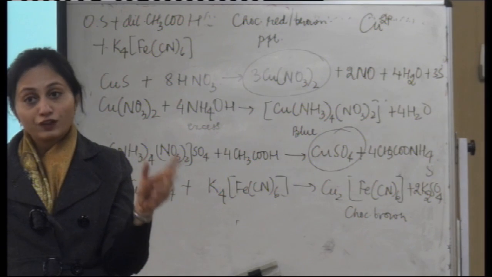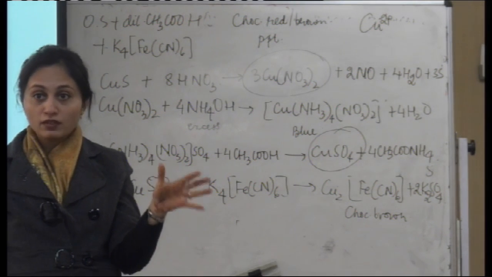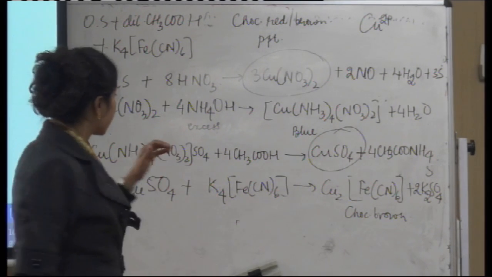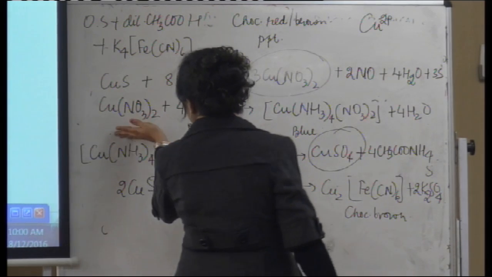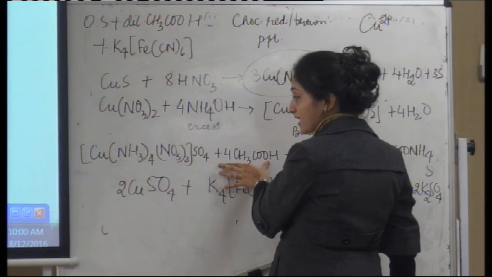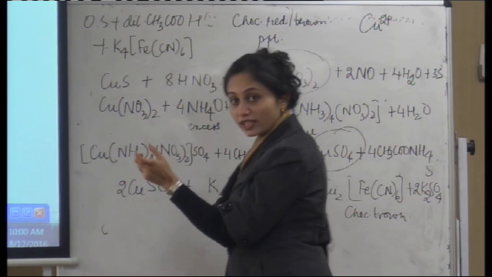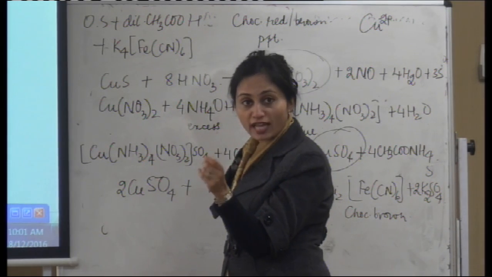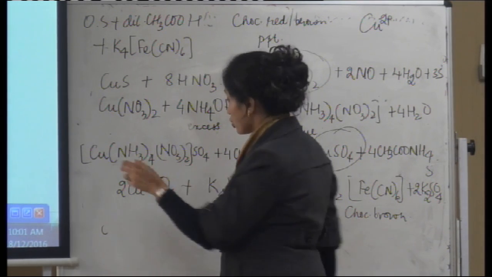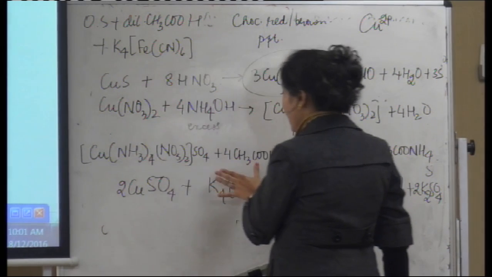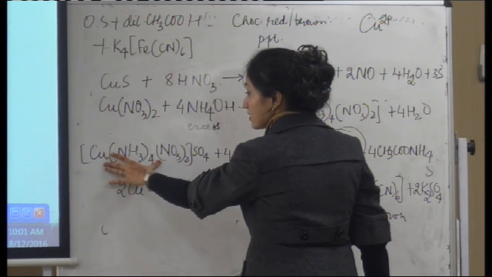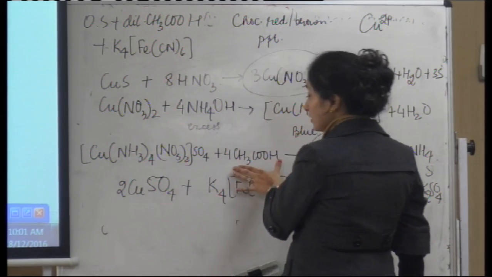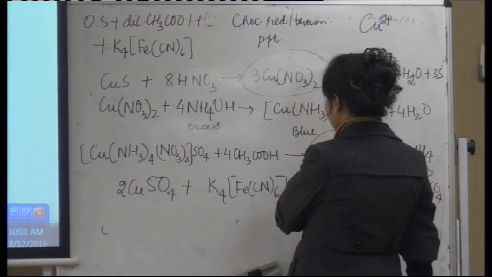If the complex is getting formed with copper, you can always extract back using acetic acid. So again you are getting your Cu2+. You can even write your reactions in terms of Cu2+. So Cu2+ in the complex form, with acetic acid, your Cu2+ will get extracted.